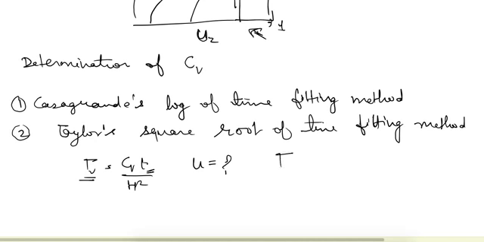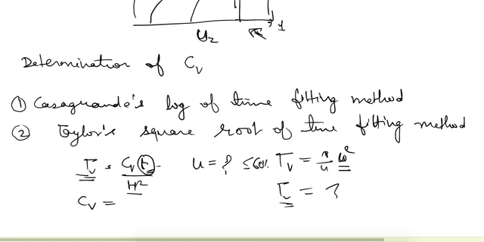Last time we saw, let's say for degree of consolidation up to 60%, time factor is given as pi by 4 U square, and there is a formula for greater than 60% also. It means that if we know the degree of consolidation, from that we can find out the time factor, and if we can find out the value of time for that particular degree of consolidation, then we will know the drainage layer length H, TV and small t, so we can find out the CV values.